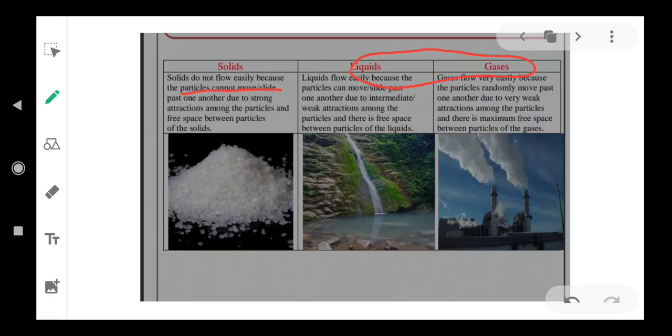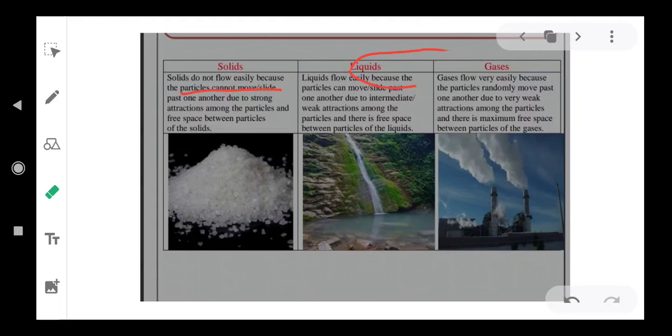Liquids flow easily because the particles can move over one another due to intermediate weak attraction. Liquids have intermediate weak attractions among the particles, and there is free space between the particles of the liquids. That's why liquids flow easily. And what about gases?